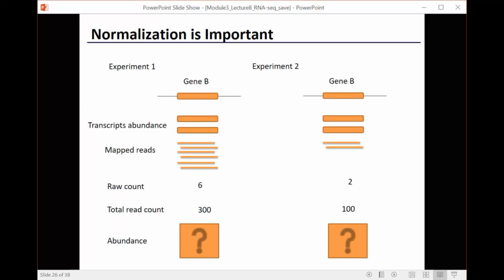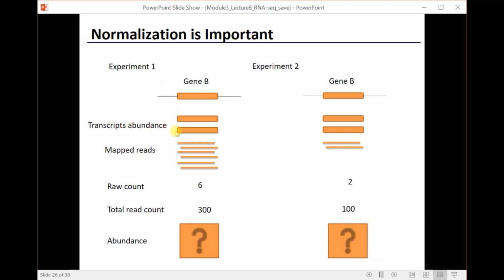In the second example, let's look at the same gene, but in 2 different laboratory preparations in 2 different experiments. In the first preparation, the sequencing depth is pretty high, it's deep sequencing, while in the second one, it's shallow sequencing. The total reads in the first experiment is 3 times the total reads of the second experiment.